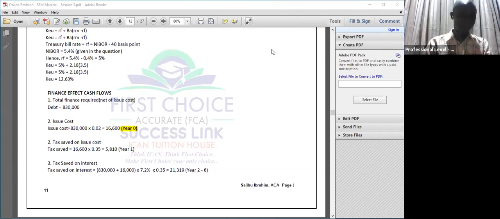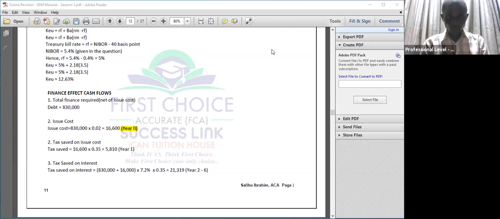So that is why I prefer it should be added. But if you do not add it, there is no penalty. And of course, you can state there that you don't assume that issue cost is part of the amount raised. You are assuming that issue cost is paid from your pocket. You understand now? So whether you add it or not, you should be fine.